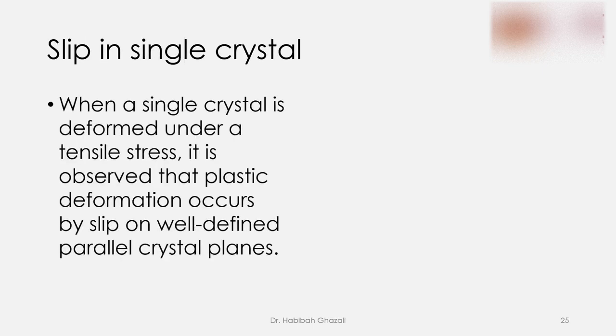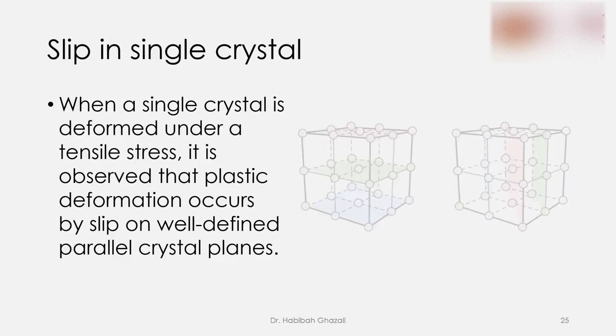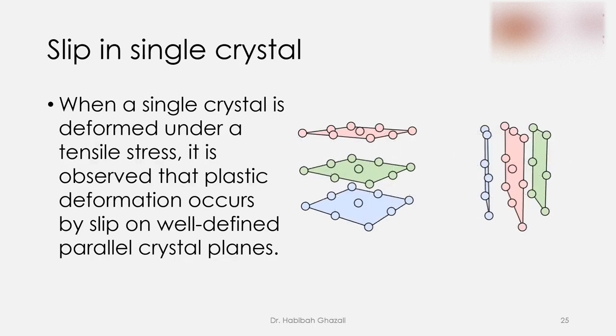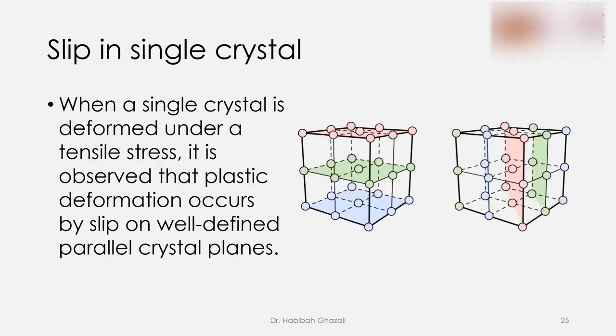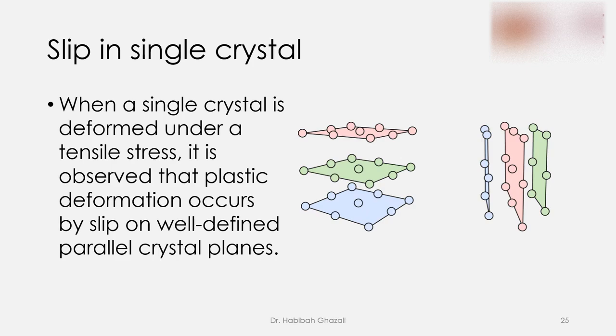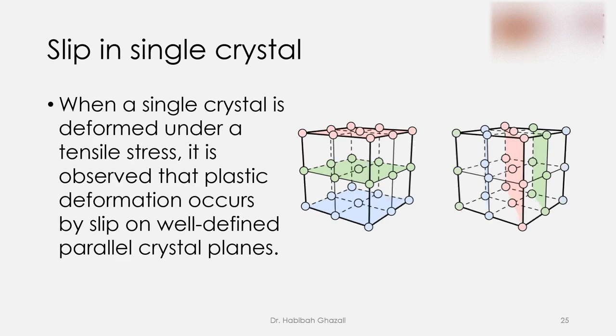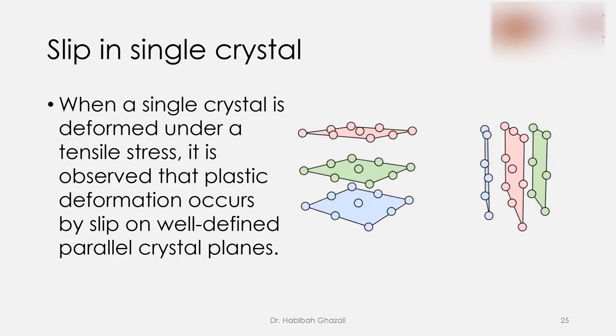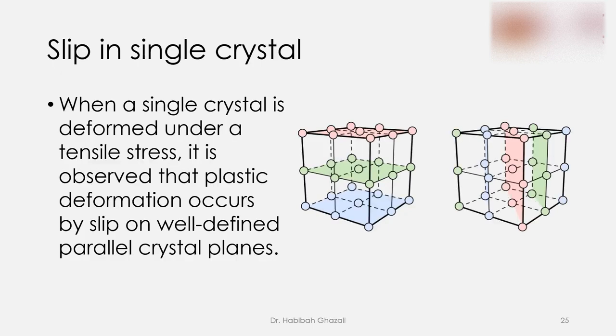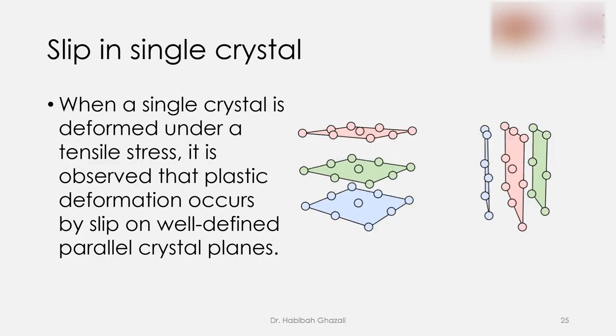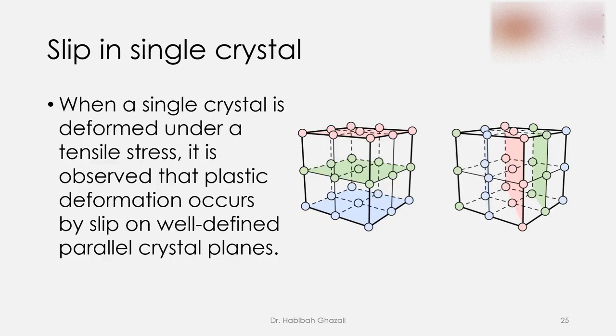When a single crystal is deformed under tensile stress, it is observed that the plastic deformation occurs by slip on well-defined parallel planes. That is why we said that single crystal material is an anisotropic material. This material has properties that are dependent on its direction.